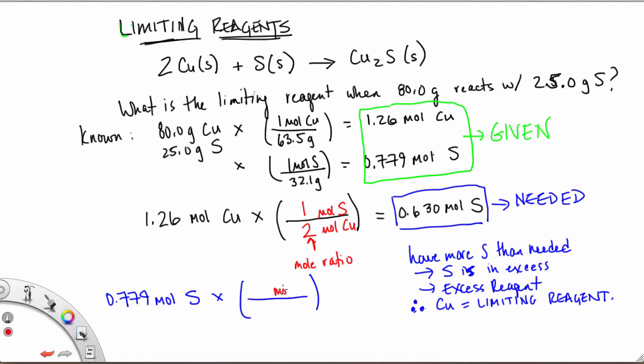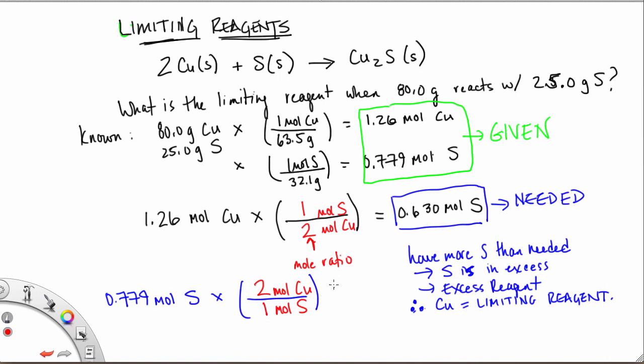So I have moles of copper here. This is going to be my mole ratio. Moles of sulfur here. I have 2 moles of copper for every 1 mole of sulfur. So this ends up being 1.56 moles of copper.